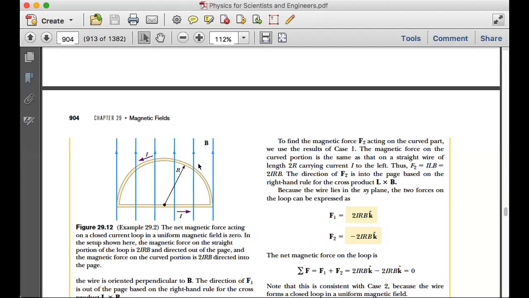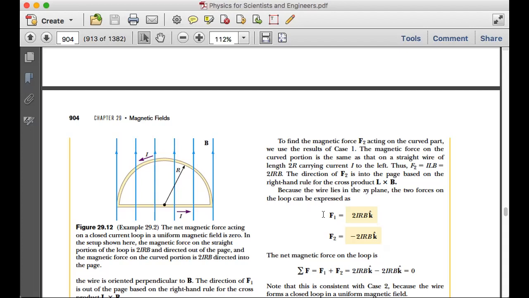I mean, the direction of the force will be inside the surface.